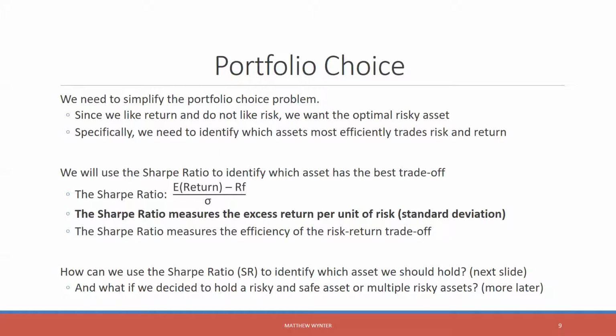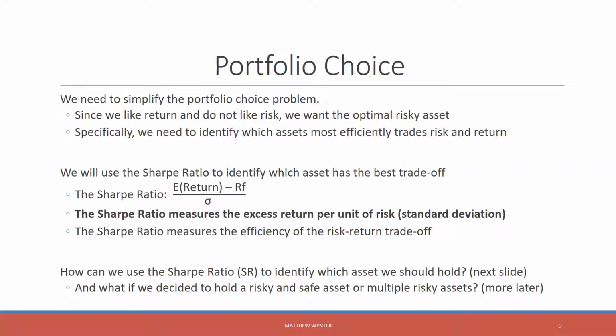Stated differently, I want to maximize the Sharpe ratio. The higher the Sharpe ratio, the more efficiently the asset, investment, security, or market is dealing with risk. Why am I saying that? Because the Sharpe ratio is the excess return for the asset divided by its volatility.